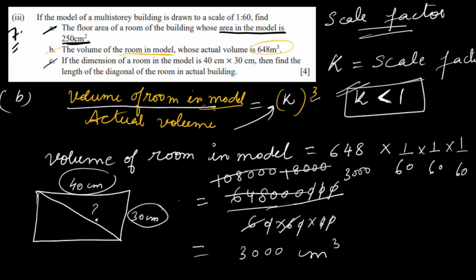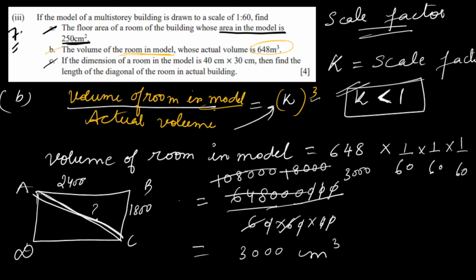So now we found the length and breadth of the actual building. So it is 2400 and 1800, and suppose this is the diagonal. So this length we have to find. I've shown you in this figure.